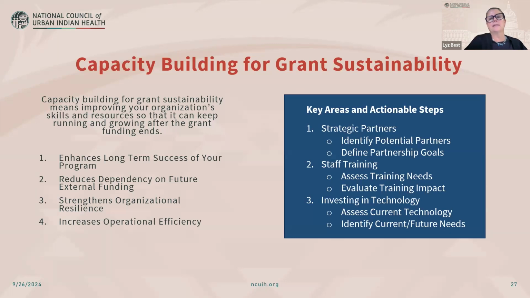Key steps in capacity building include assessing your current skills and resources, investing in training and professional development, so make sure you have written that into your grant and also your project plan as well, and strengthening your organizational infrastructure. Developing leadership and governance is also essential, and engaging leaders at all levels ensures strong strategic direction and decision-making. And next slide, please.